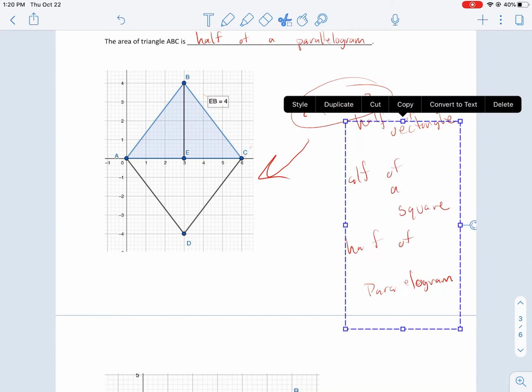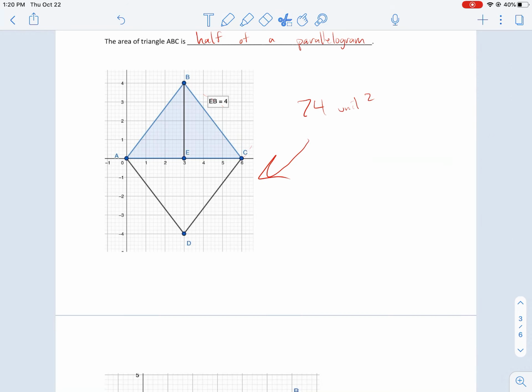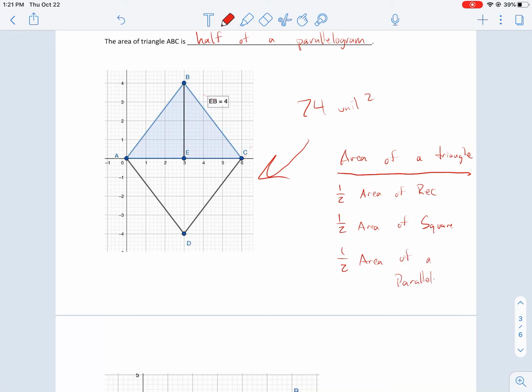So we'll say, all right, the area of a triangle is either 1/2 the area of a rectangle, 1/2 the area of a square, or 1/2 the area of a parallelogram. Okay? And so that's where they're coming up with that formula.